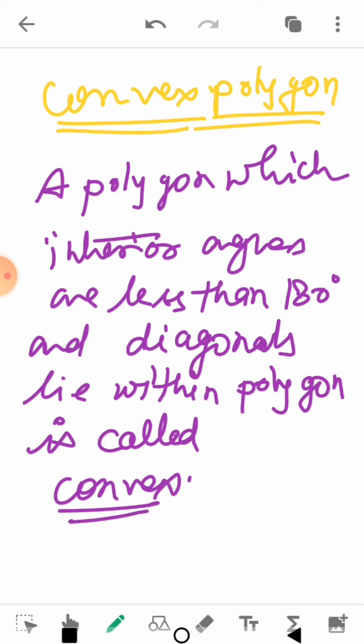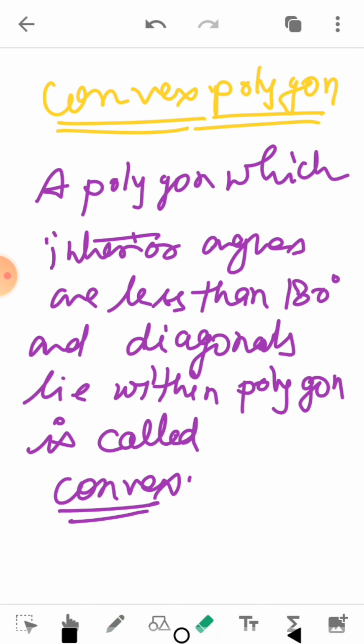That means there is a new type of polygon, the convex polygon, in which all the interior angles will be less than 180 and all the diagonals lie within the polygon, and that polygon is known as a convex polygon. Understand?